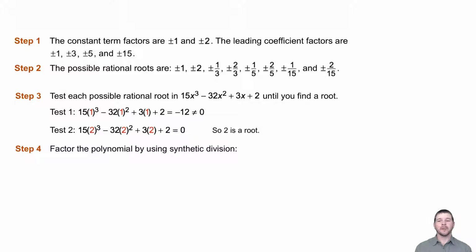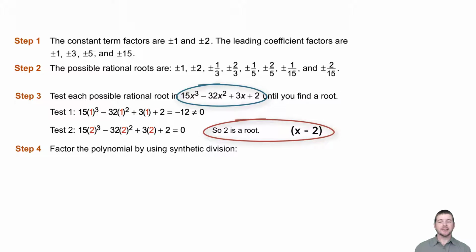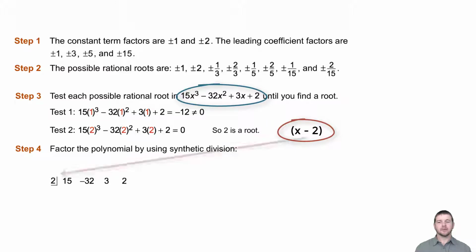Step 4. Having established that 2 is a root, we'll now divide our expression, 15x cubed minus 32x squared plus 3x plus 2, by the binomial x minus 2 using synthetic division. We'll reverse the sign in x minus 2 and place positive 2 in our half square.